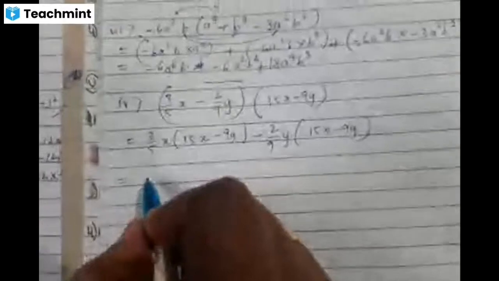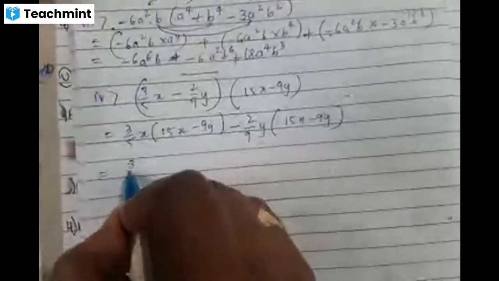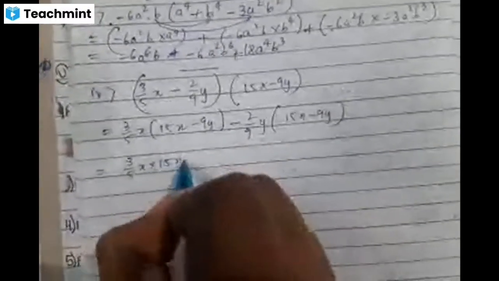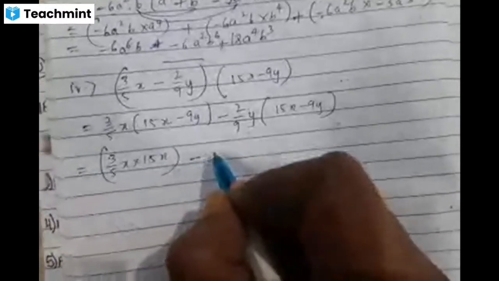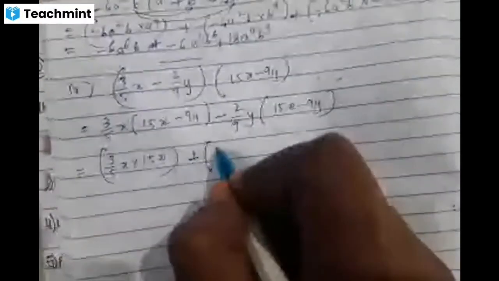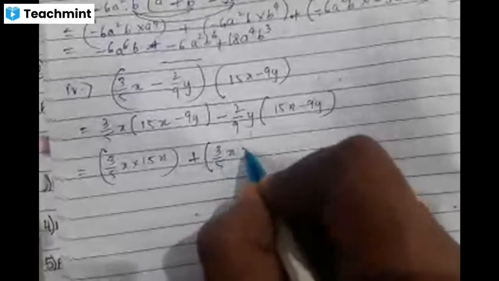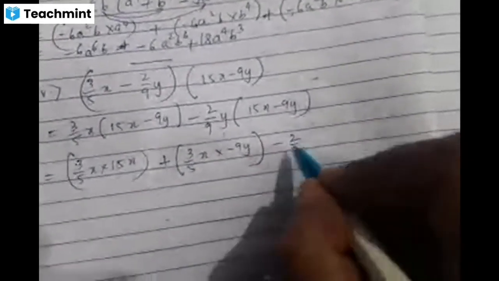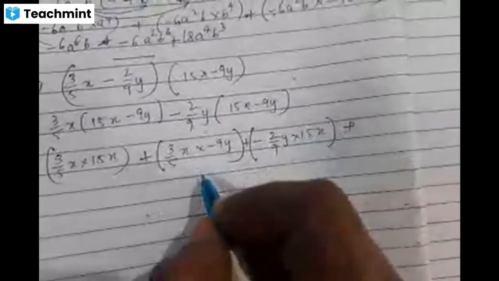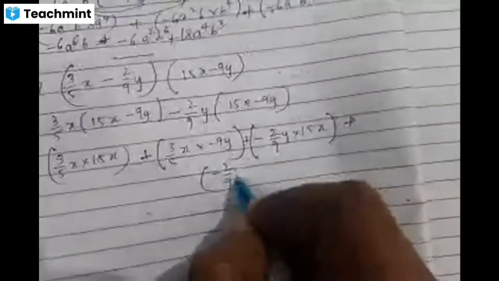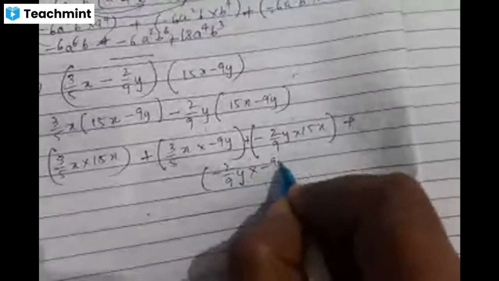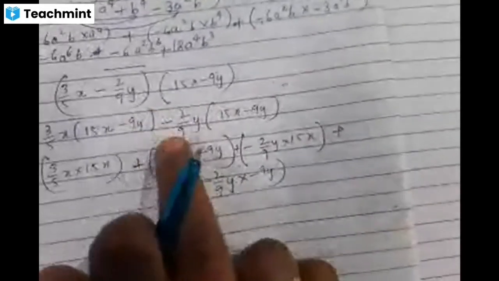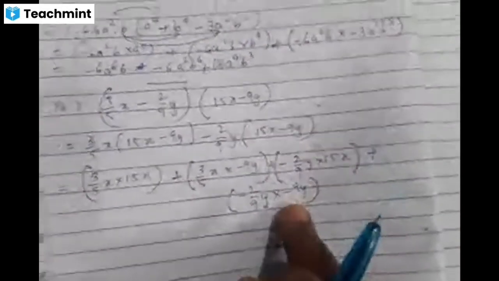Monomial with binomial. 3 by 5x into 15x, minus, or plus, we'll use plus sign only, 3 by 5x into minus 9y, minus 2 by 9y into 15x, plus outside the brackets minus 2 by 9y into minus 9y. So we have to consider the negative sign when we are multiplying.